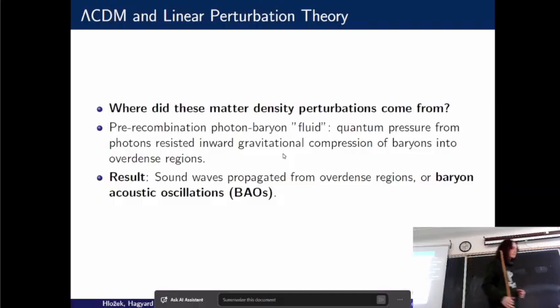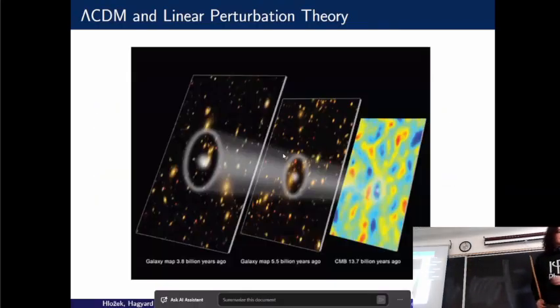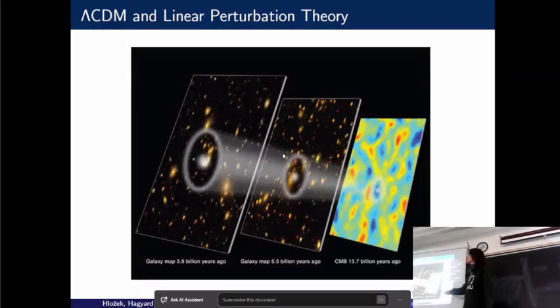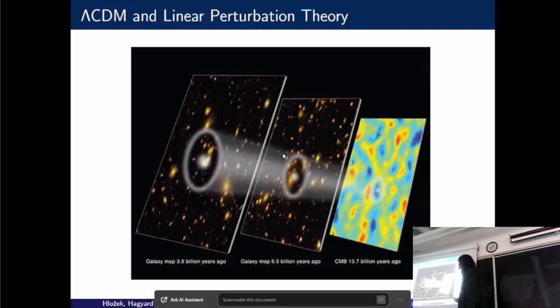In fact, if you go back a slide, you can see roughly these BAO shells. It's a little bit more visible in the next figure that I have.